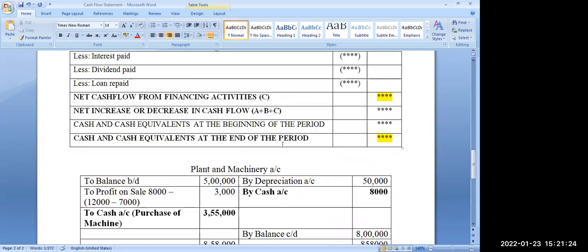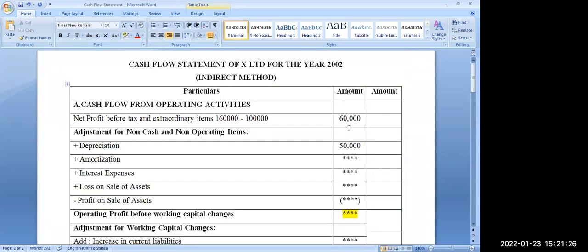This 3,000 was already included in the 60,000. Is that 3,000 gain on sale of machine an operating or non-operating activity? Non-operating. So it was already included in the profit and loss account, and you have to now take it out.